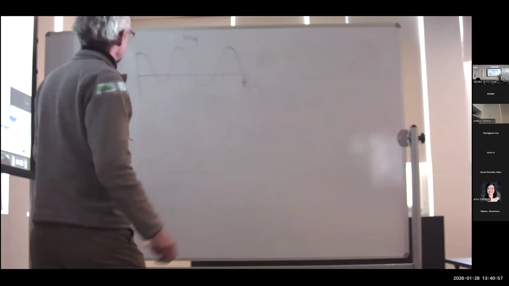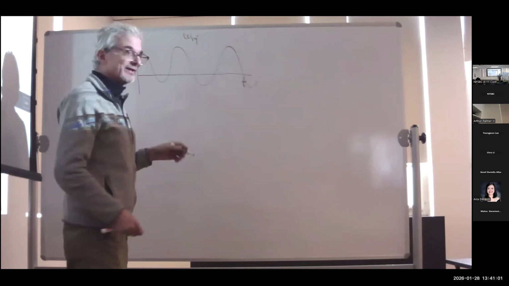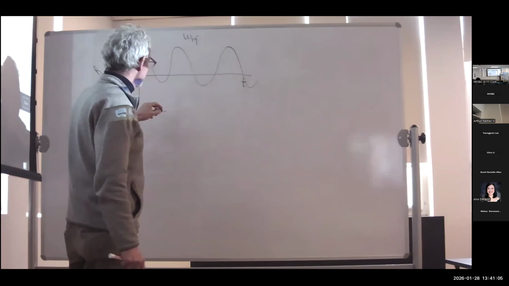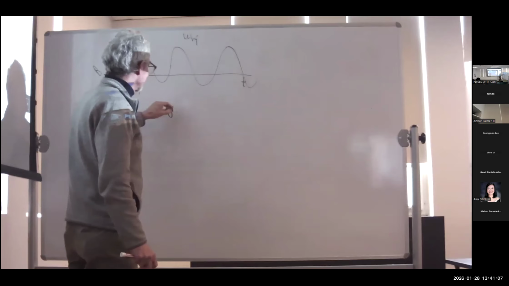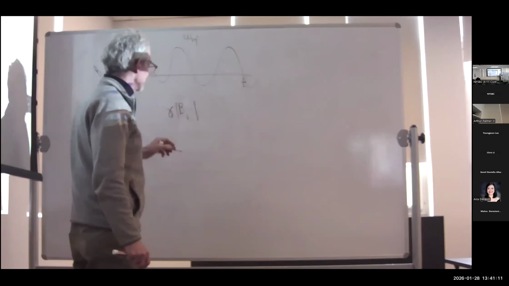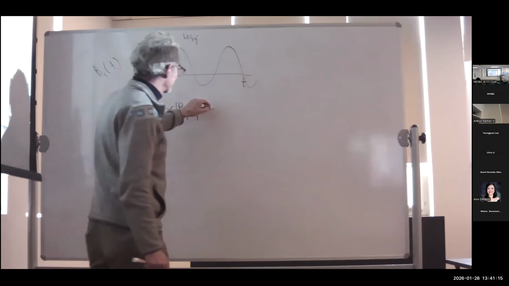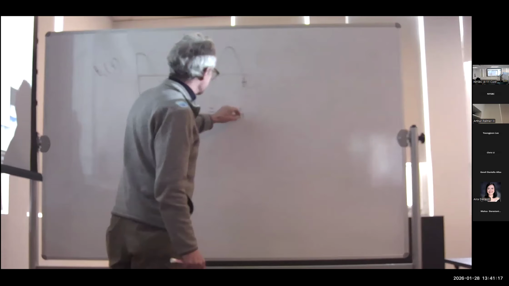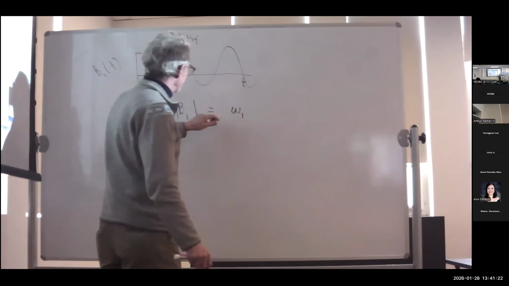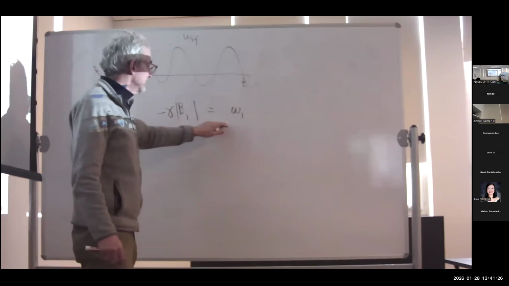It has an amplitude that, of course, is measured in Tesla, but the effect on the spins depends on gamma B1, its amplitude. And there are also minus signs floating around, that's okay. I'm going to measure the amplitude not in Tesla, but in angular units.